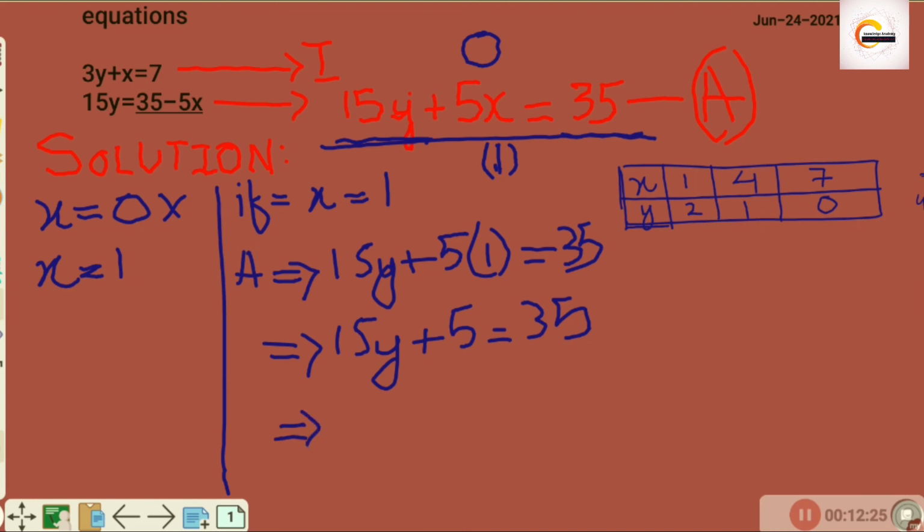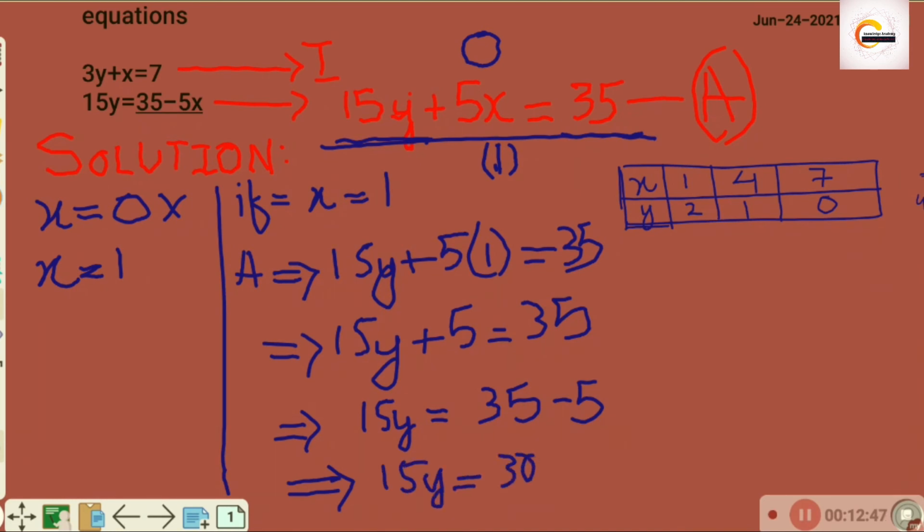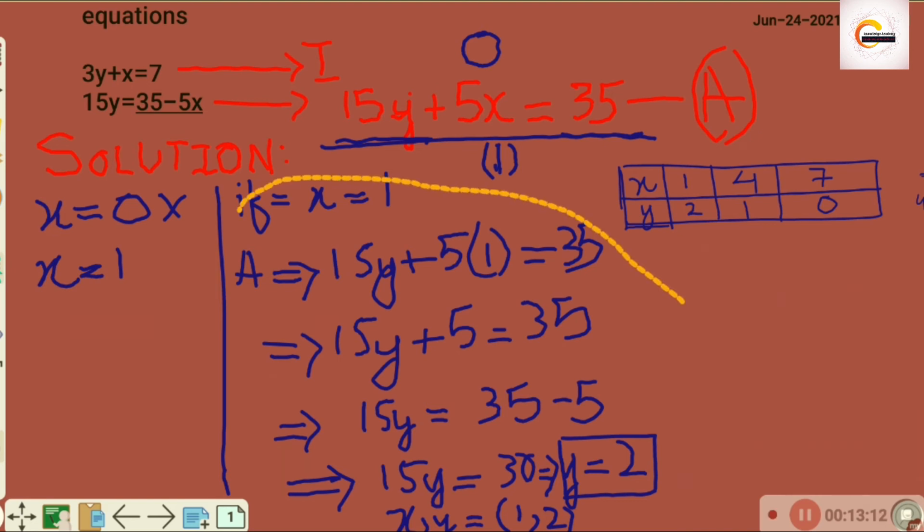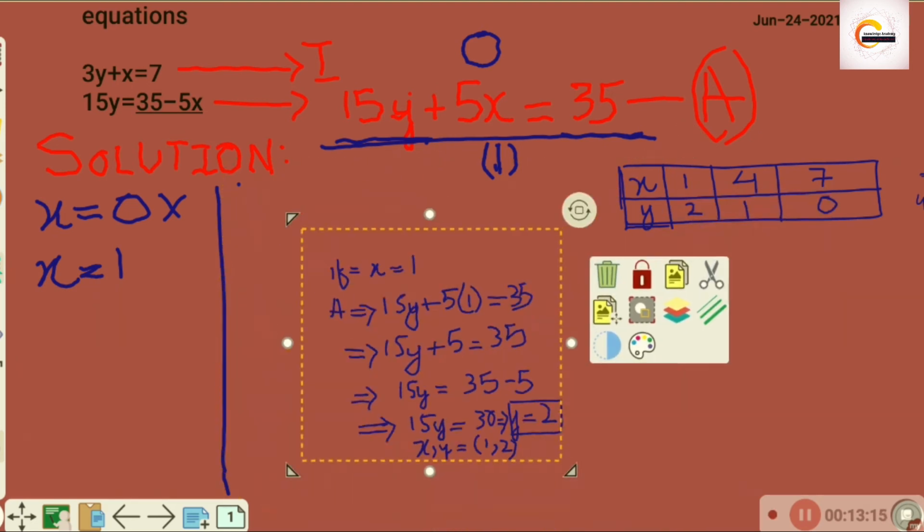Now 15y is equal to 30, so 15 to 30. So the value of y is 2. Now x comma y is equal to 1 comma 2. So this is one point that we have got.